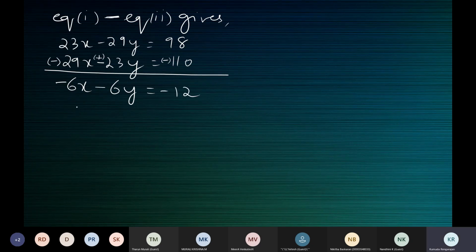So Nikita, what next? Unmute yourself and tell me what next. What is common between minus 6x and minus 6y?